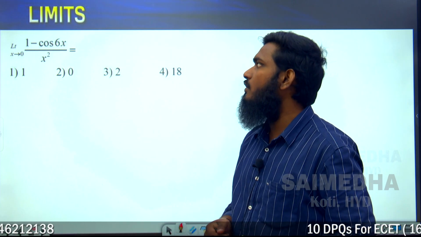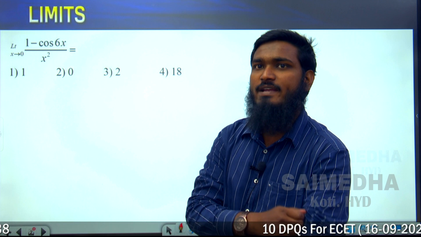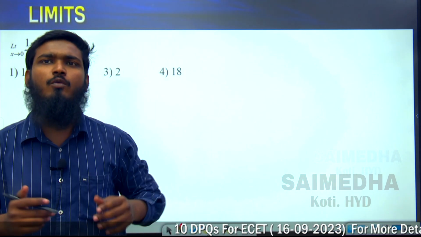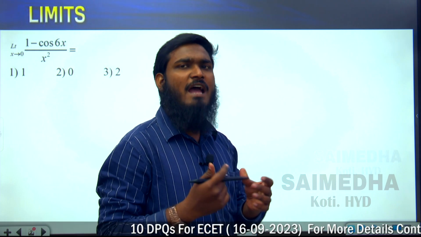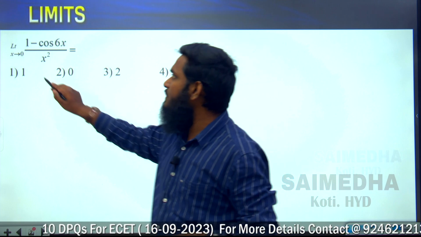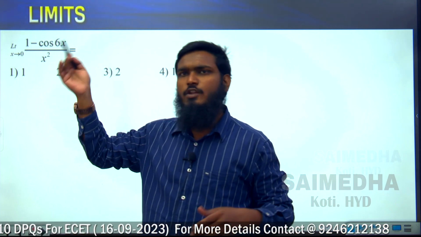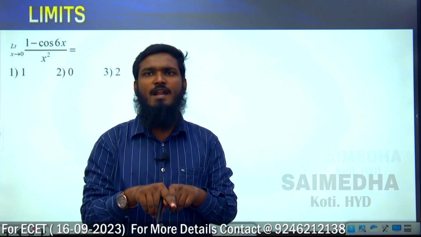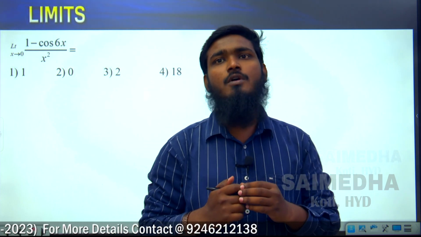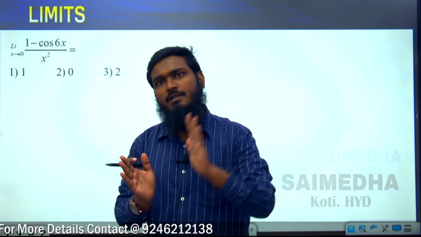Limit x tends to 0, (1 minus cos 6x) divided by x square. In day 4, what we did was, whenever we have a limit, we substitute the x value in the numerator and denominator, whatever the function is. After substituting, if we get a finite answer, that is correct.